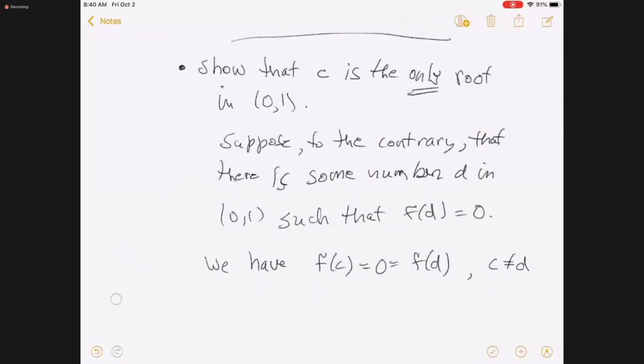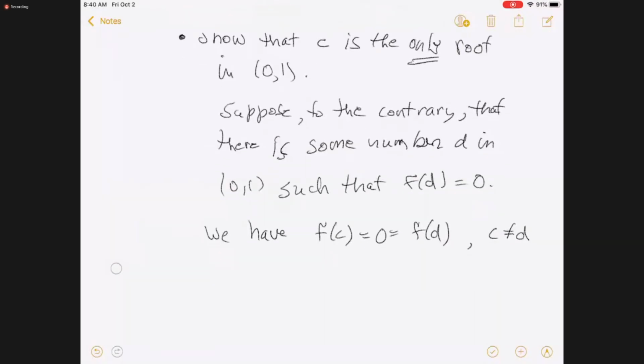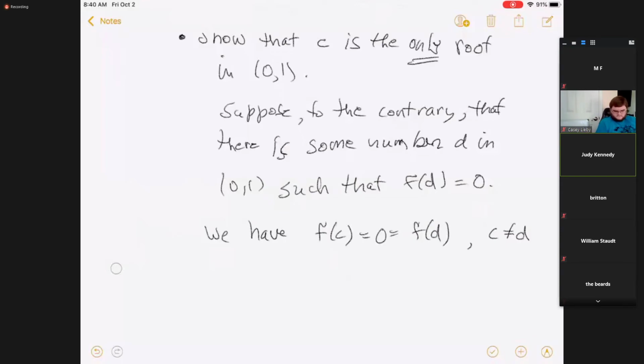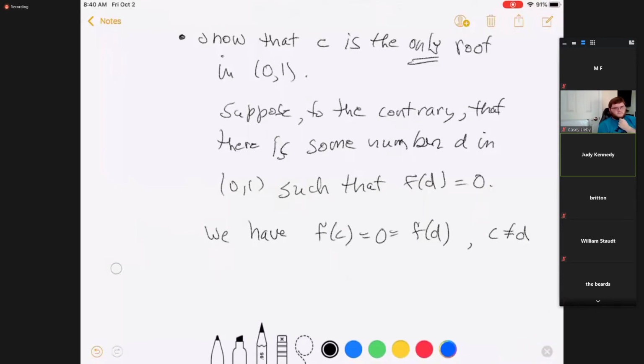No, I want more than that, don't I? Let me see. Yeah, I don't want to make that assumption. Just some number d. So I don't care whether it's between 0 and 1 or not.